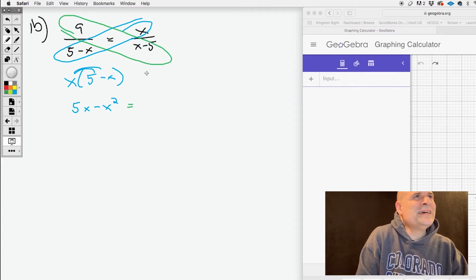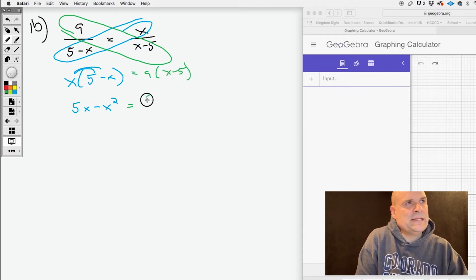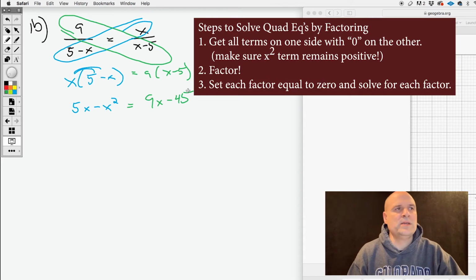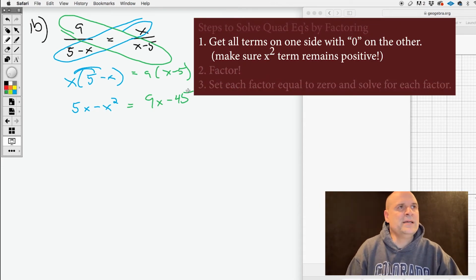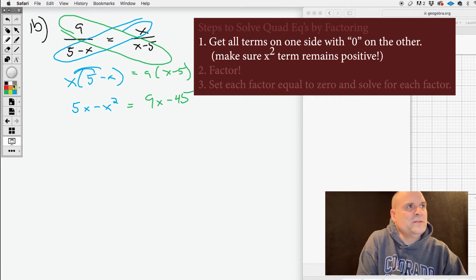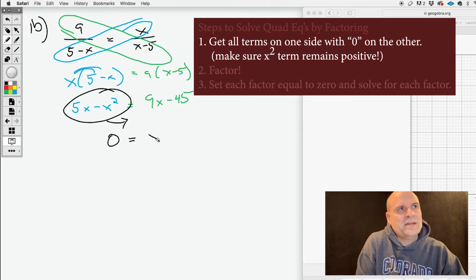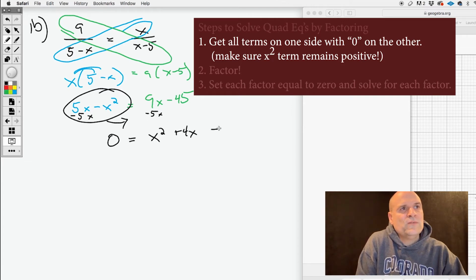That's 9 times x minus 5, so that's 9x minus 45. Let's get everything on one side with 0 on the other side. Let's put everything on the side that's going to make your x squared term positive. So let's move everything over to the right. 0 equals positive x squared, and when you get rid of that 5x, you end up with a 4x minus 45.